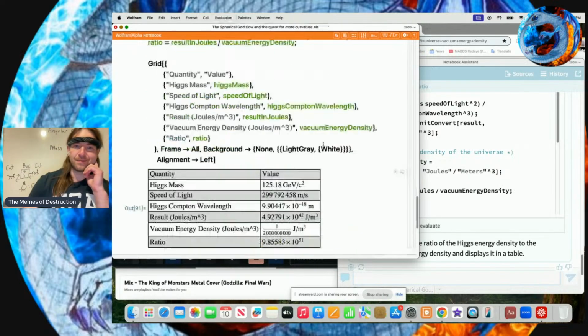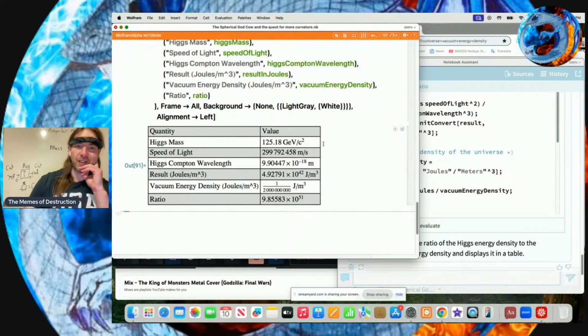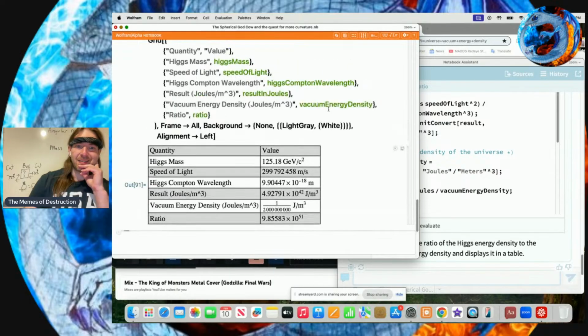There we go. Well, that's not displaying how I wanted it. It's giving the correct ratio. Or at least pretty close.